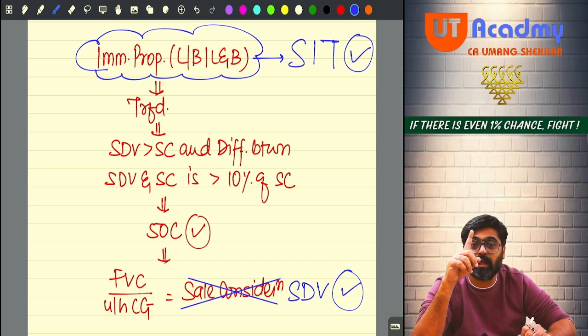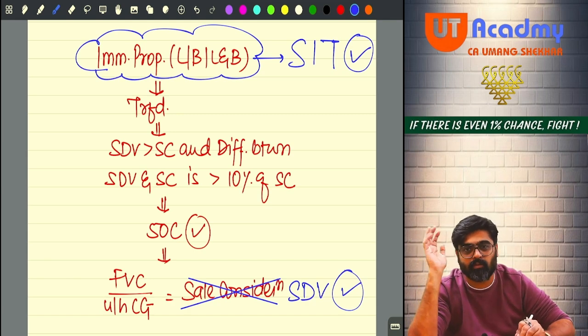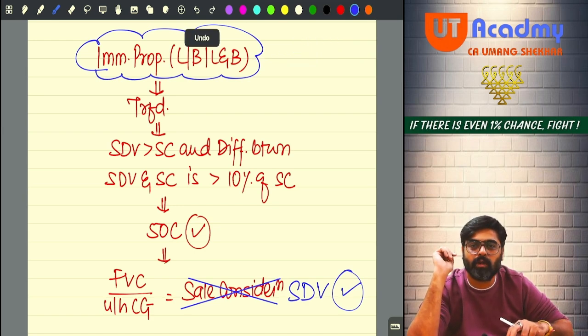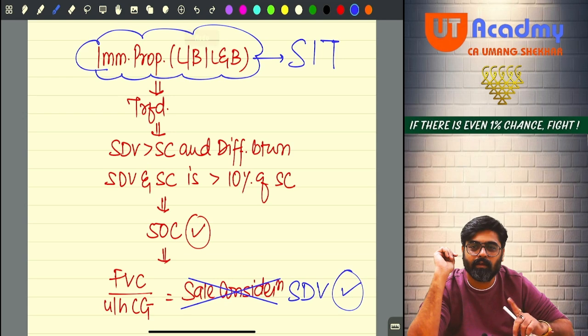If it is sold as a capital asset, then 50C is applicable for sure. But my question is, what if this immovable property is sold as stock in trade? Can it be sold as stock in trade? Tell me, sir.